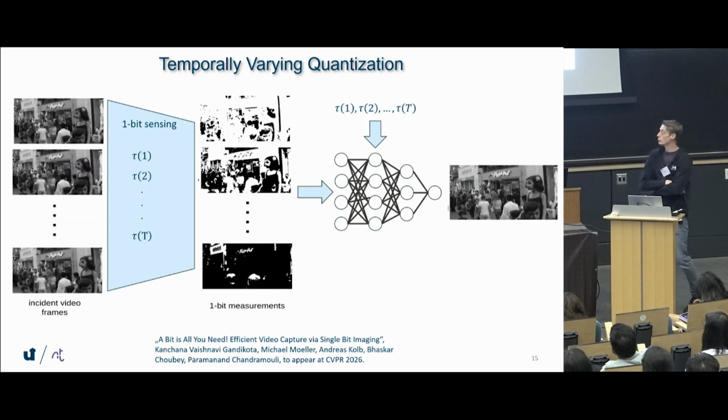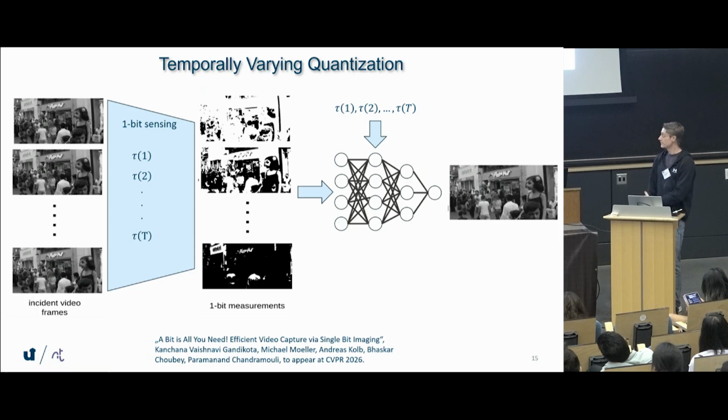So the idea is to consider videos, consider the most extreme form of quantization down to a single bit, but then vary the threshold that you need for the single bit at every frame, creating a somewhat strange looking sequence of binary images here, then feed these images into a network, condition them on the thresholds you have used in order to reconstruct the scene, at least at first reconstruct the scene.